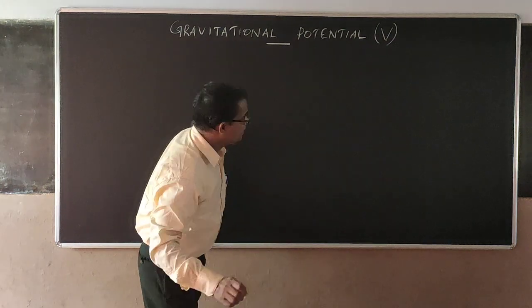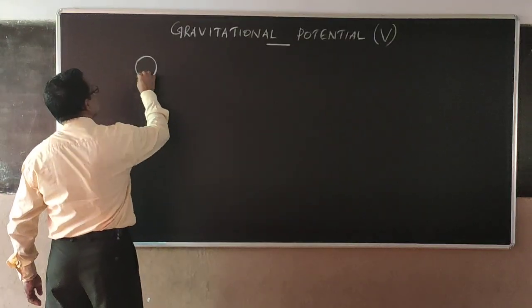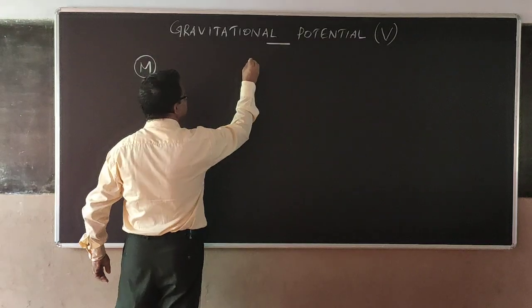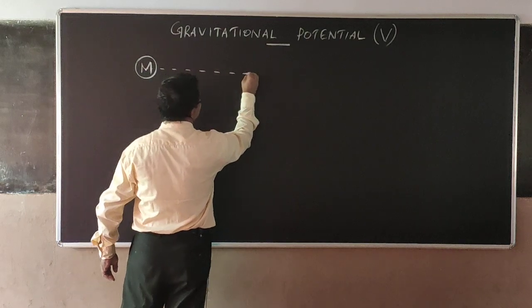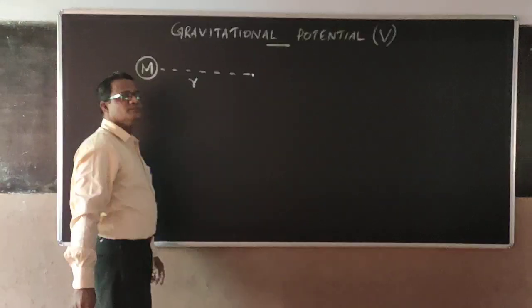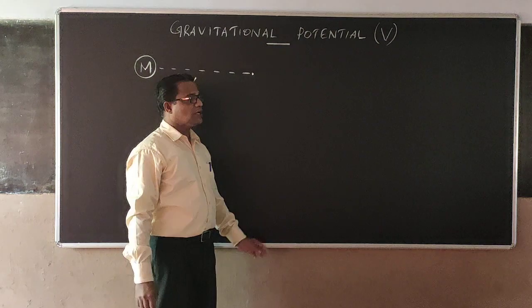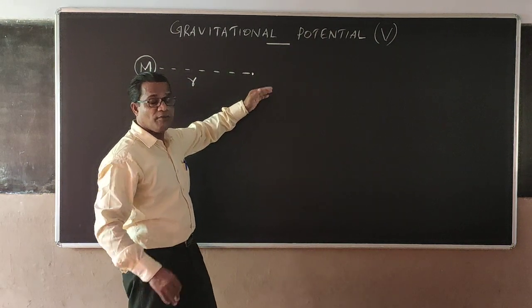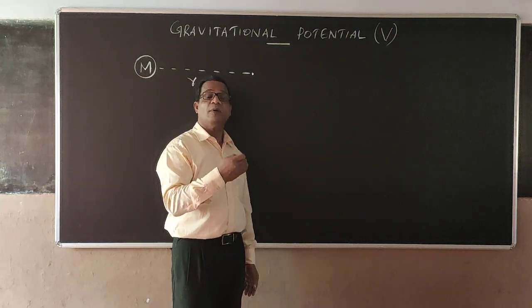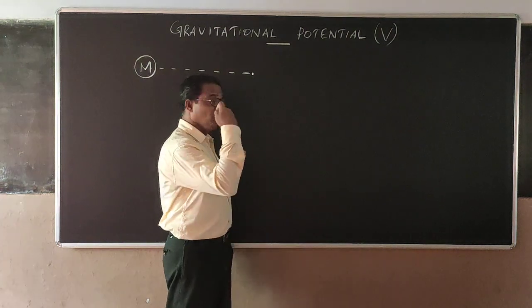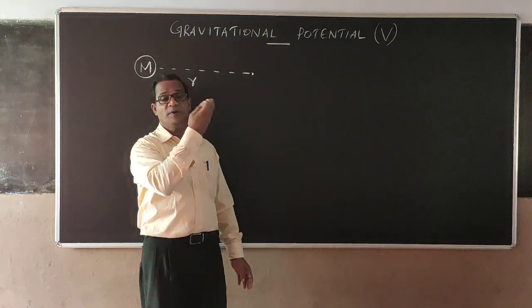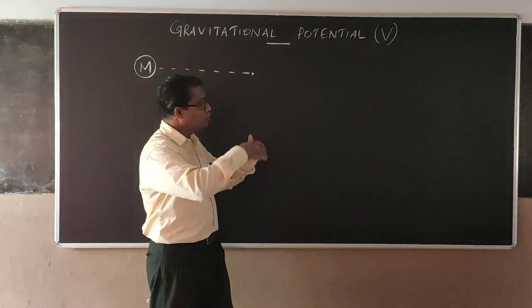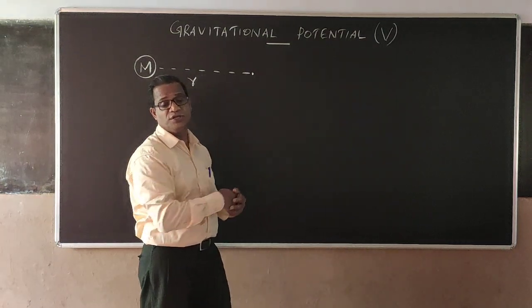That means, if I want to find the gravitational potential due to this mass capital M at this particular point, distance r from here, then to calculate the potential at this point, I am bringing a unit mass from infinity to the point. From infinity means no influence on this one. Okay? From no force region to the force region it is coming.